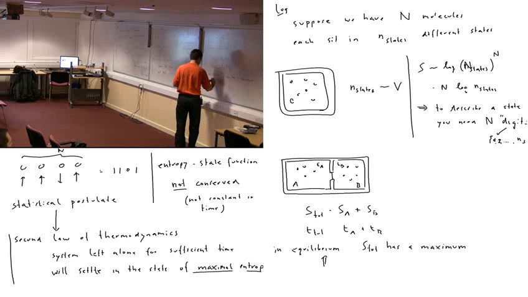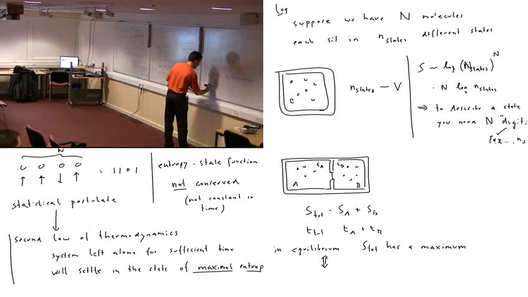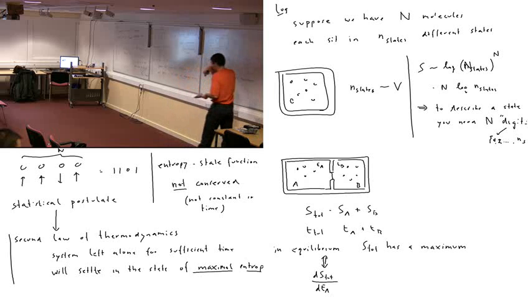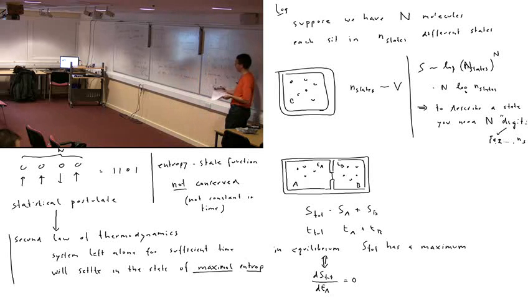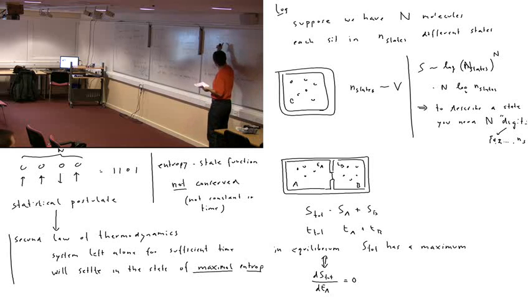A different way to express this is that the derivative of the total entropy with respect to the energy in box A is 0. That's what it means for S to have a maximum at that particular value of EA. So there will be some value of EA for which this system is in equilibrium, and at that point this expression holds.